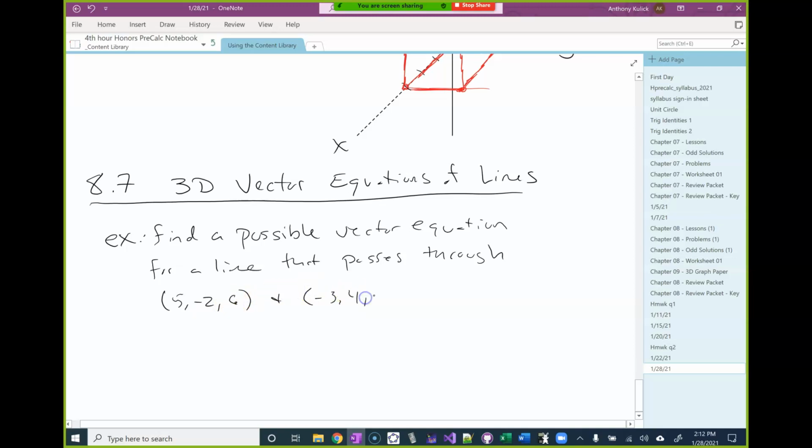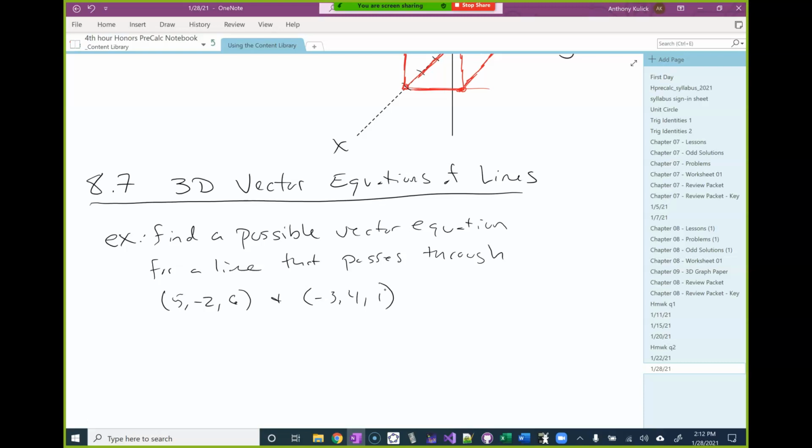So let's say we want to write the vector equation for a line that passes through these 2 points. Everybody okay with that? So what I'm going to do is create a component form vector that goes through those 2 points. I want a vector that's in the same direction as those 2 points.